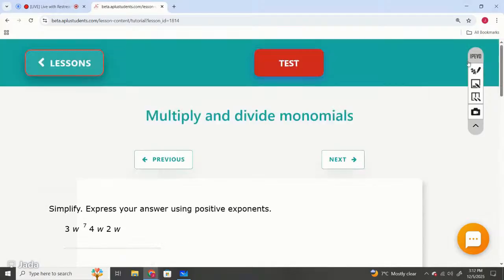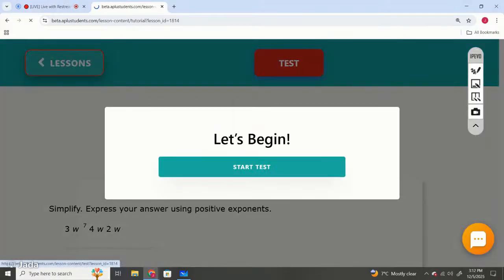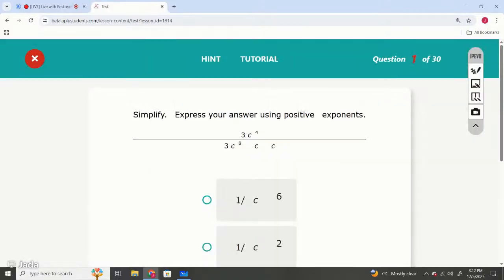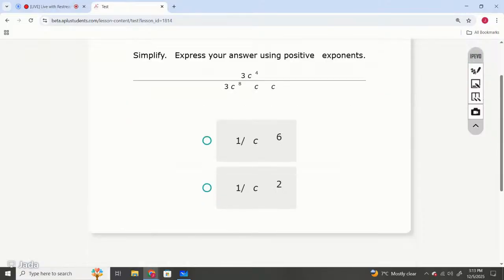Let's start with the test questions. Simplify 3c4 divided by 3c8 times c.